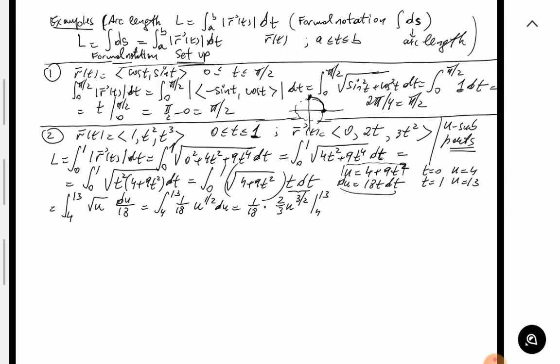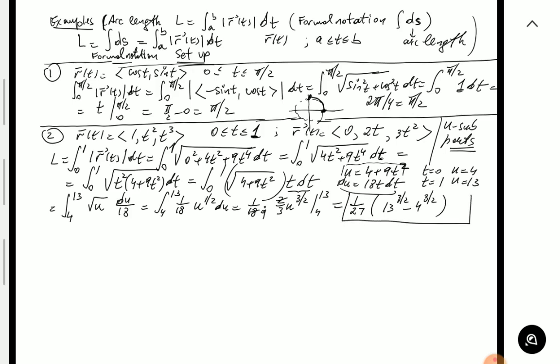Usually we don't have a nice formula for these; you don't expect to have a nice number when you're done. So in this case, it's going to be 1 over 27 times 13 to the 3/2 minus 4 to the 3/2. I usually don't bother to simplify it further.